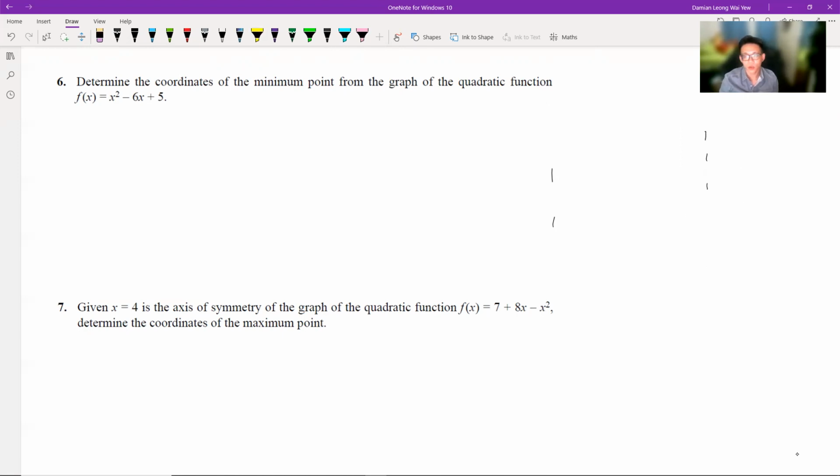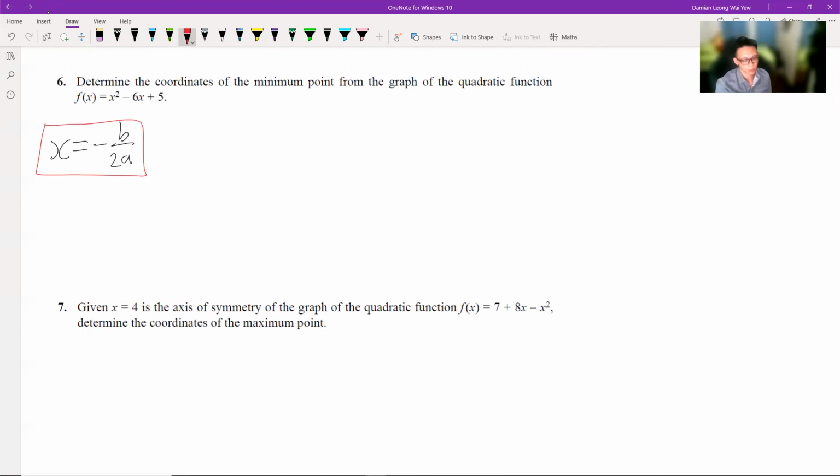So to find the minimum or maximum point, first we find the x value, which means we find the axis of symmetry. There's a formula you can use for the axis of symmetry when we're given the quadratic function, which is x equals negative b over 2a.